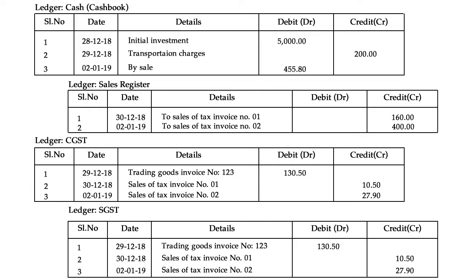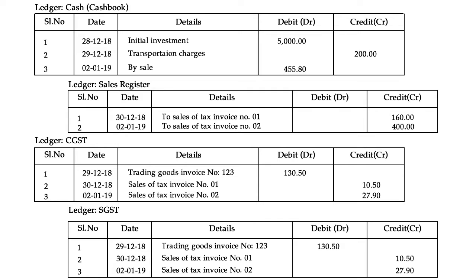So here, as it is a cash sale, we have received cash. So the cash book, or the cash ledger, in general called a cash book, is debited by 455 rupees and 80 paisa. And in the same way, the sales ledger or the sales register is credited by 400 rupees. Here we are deducting the GST part, the taxation part.